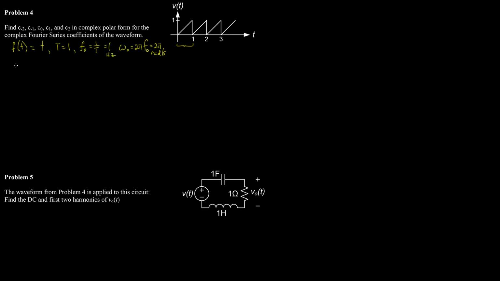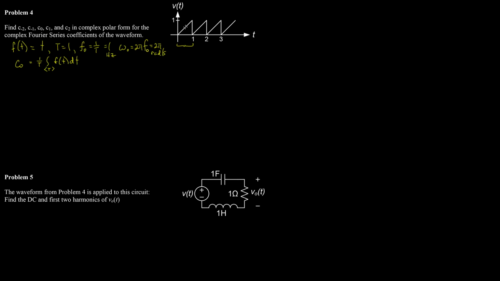All right, given that, let's start finding our complex Fourier coefficients. Our C0 coefficient is this. But it's also a lot easier to notice that this is just the average value of the waveform.